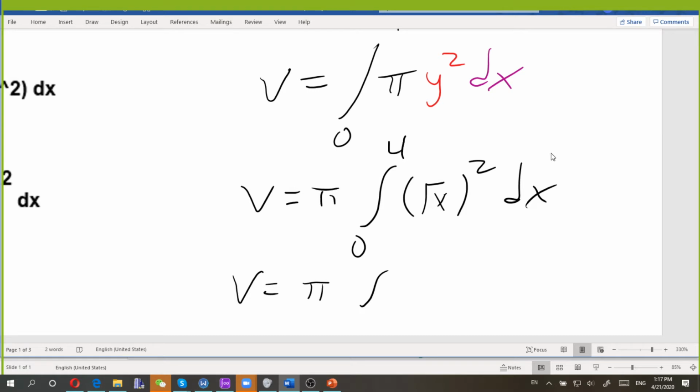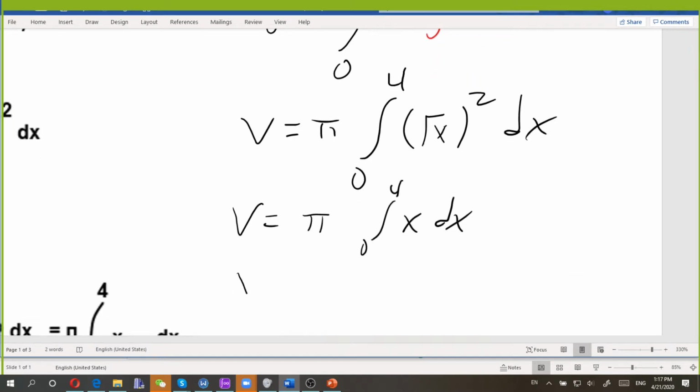Okay. So root x to the second power will be just x, and if I integrate that x, it will be x squared over 2. Okay, and that's a constant on the outside, so I'm just going to multiply that in.